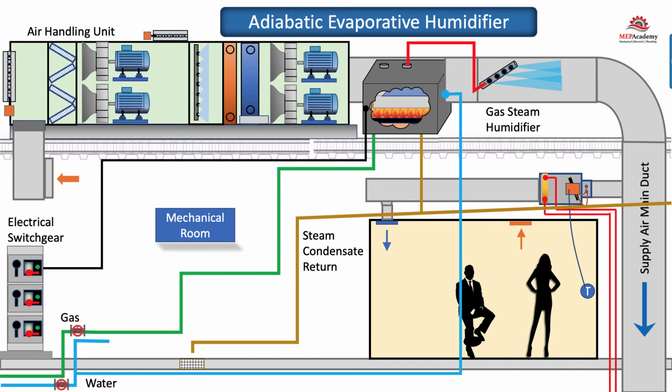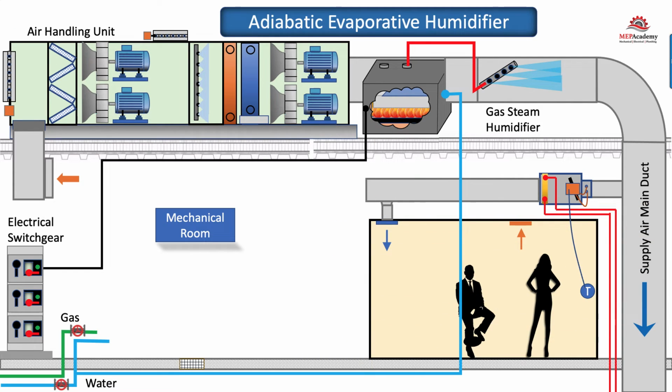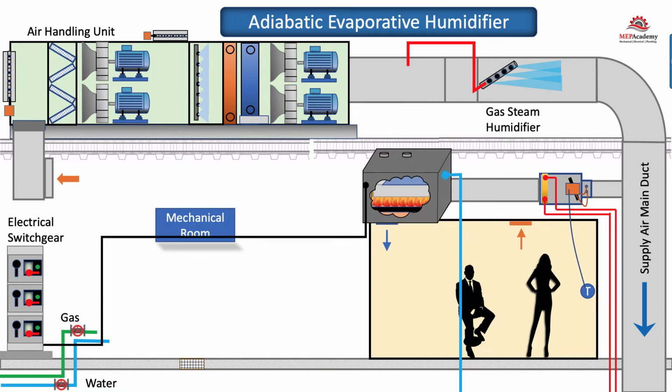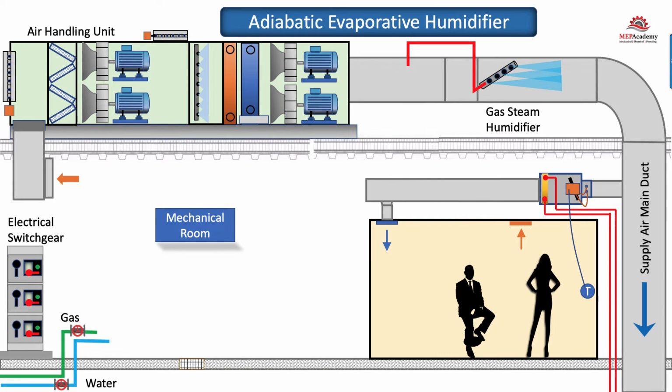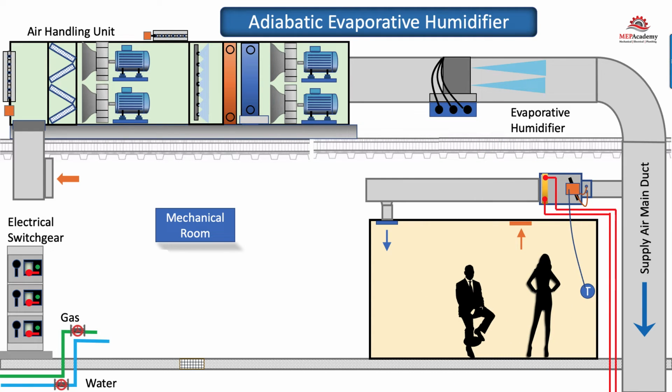To install this system, we need to remove the following: the gas piping, the steam condensate system, heat exchanger, steam piping, and humidifier manifold. The HVAC contractor will install the evaporative humidifier in the duct as shown here.